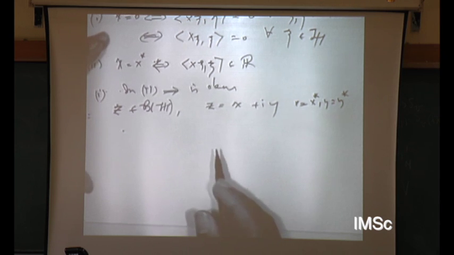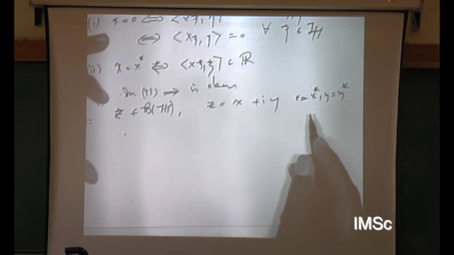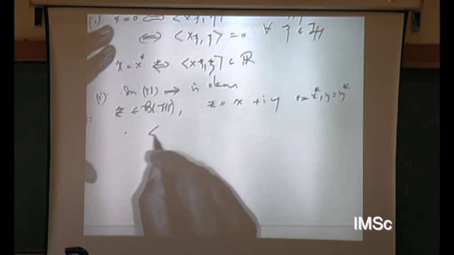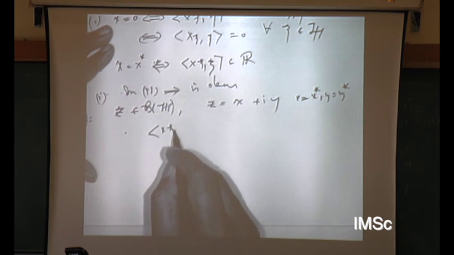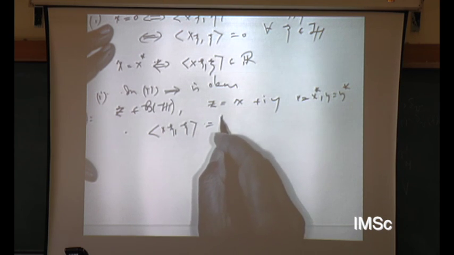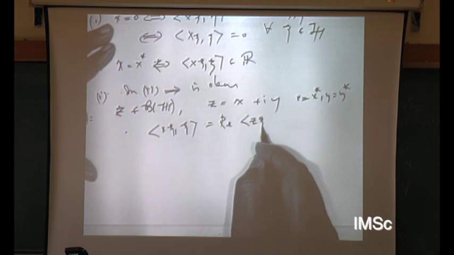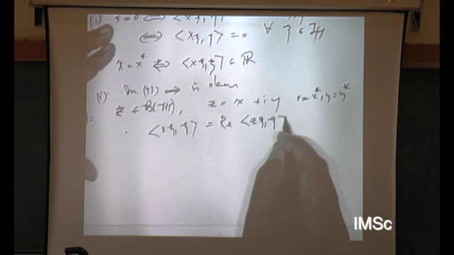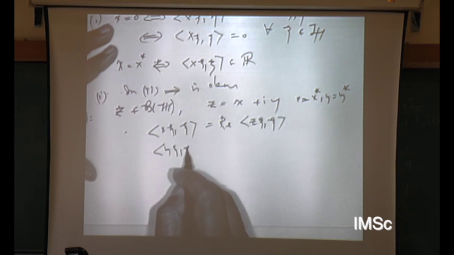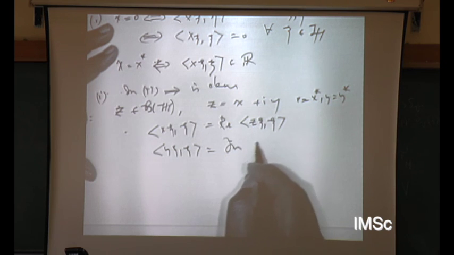Okay. So if I take a general Z and take its Cartesian decomposition, what we note is that x ξ equals the real part of z ξ, and y ξ is the imaginary part of the same thing.